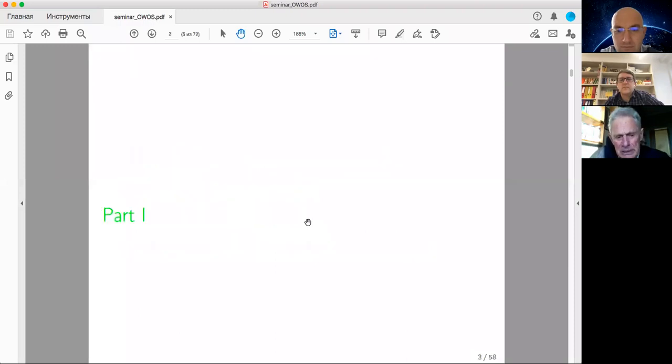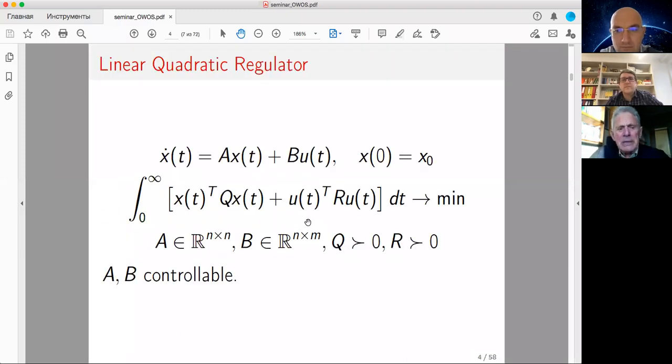So let me start with the simplest problem, which is a cornerstone of linear control. It is a linear quadratic regulator problem. So we have state X, control U, and the state is described by an ordinary differential equation with some initial conditions.